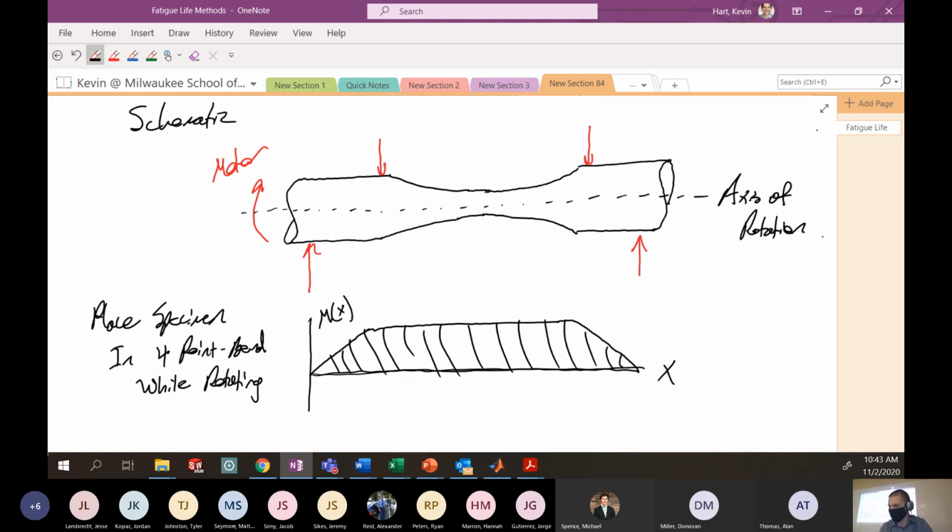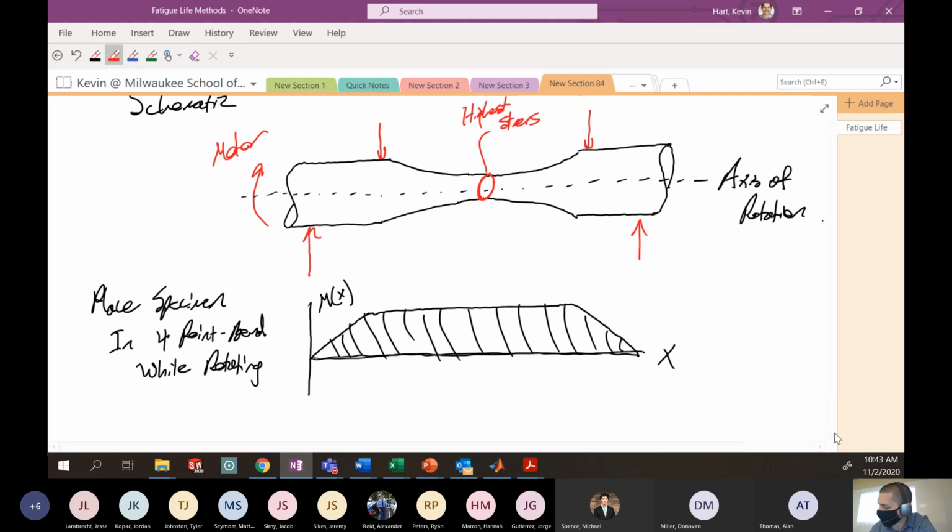Are you crying yet? So the moment is more or less constant over this region between these two internal pins of the 4-point bend. So where the sample is the thinnest, or the smallest cross-section, is the highest stress. That's because we know that the stress goes as M y over I. As I is small, stress gets big.